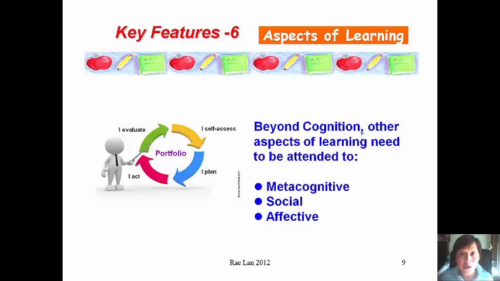For example, our planning, organizing, evaluating, and monitoring of our own learning. Remember, that's what I said, POEM, an acronym. So this picture on the left tells you something about this, right? These are the metacognition aspects of language learning.